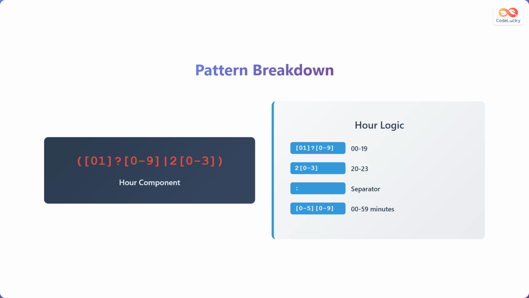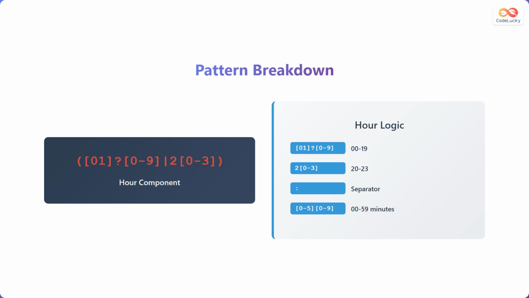The first part of the pattern is ([01][0-9]|2[0-3]). This section focuses on matching the hour component of the time. The expression [01][0-9] matches hours from 00 to 19.